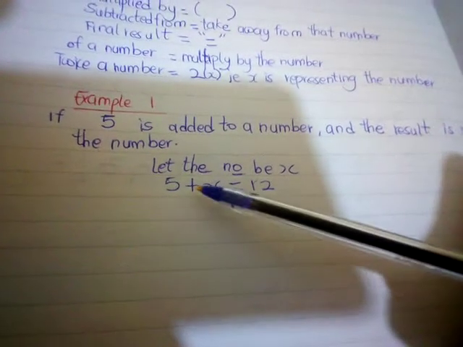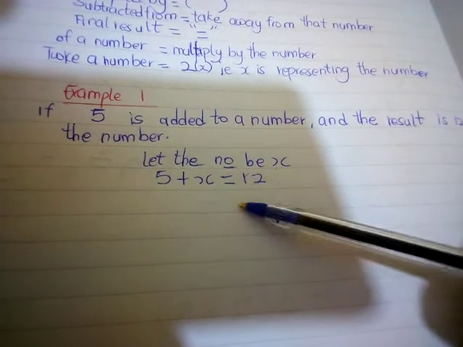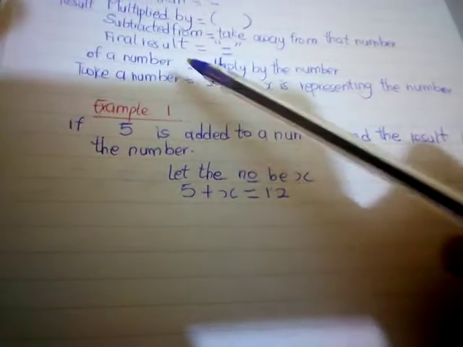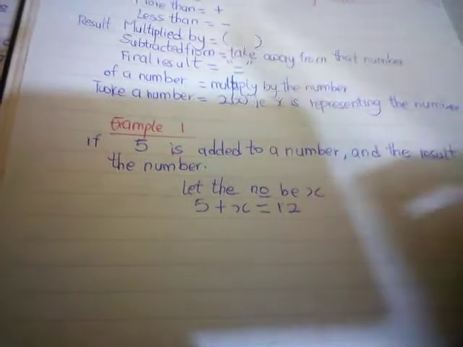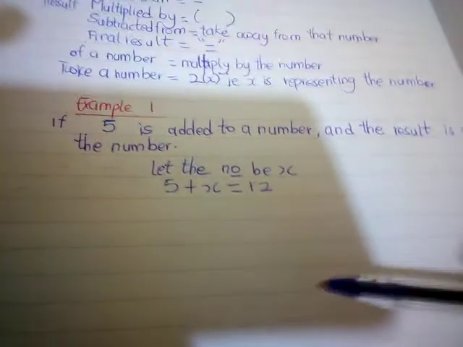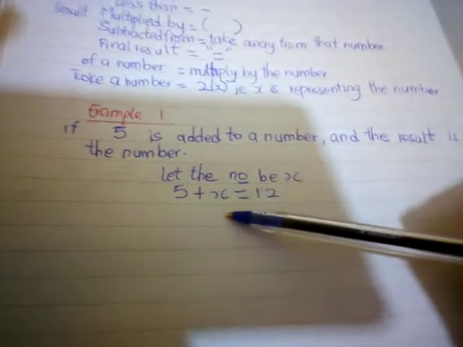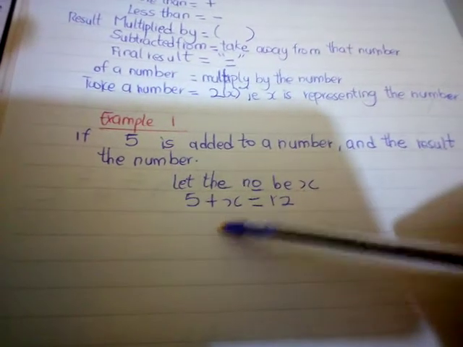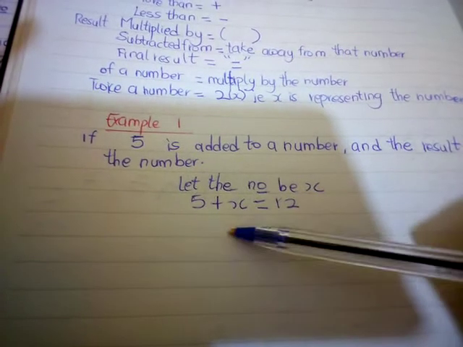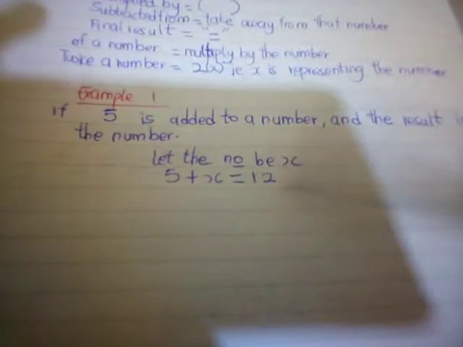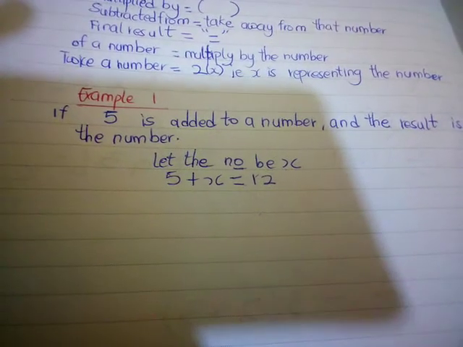This is how the equation is going to be. I told you at the first time that when they say the final result, or the result, it means you have to bring your equals to sign. So 5 added to a number, we made the number x. Added to means plus. The result is 12. This is how it's going to be represented in a linear equation.